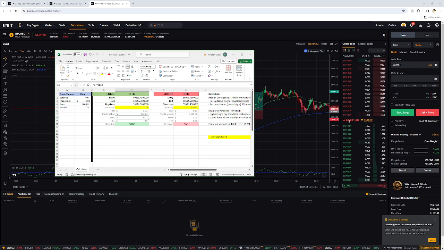So if you started here, for example, at $61,011, and you place a very large order, what I mean is you're buying a lot of Bitcoin here, and it started at 61,010, and it kept going up and up and up, your actual price that you would have bought at may not be 61,010, it could be 61,020. Now, that's not a very good example because percentage-wise, that's a very small increase.